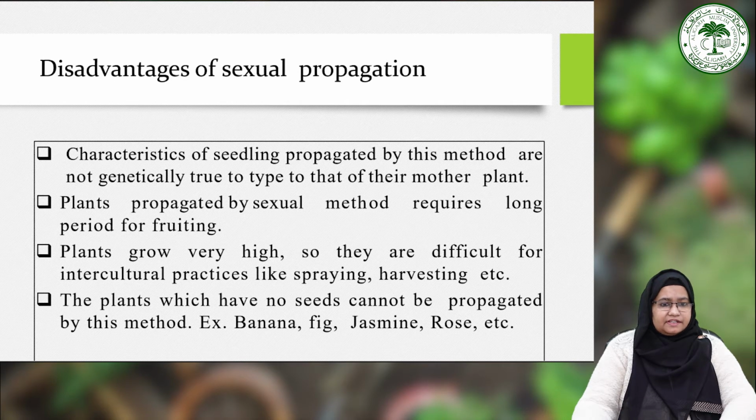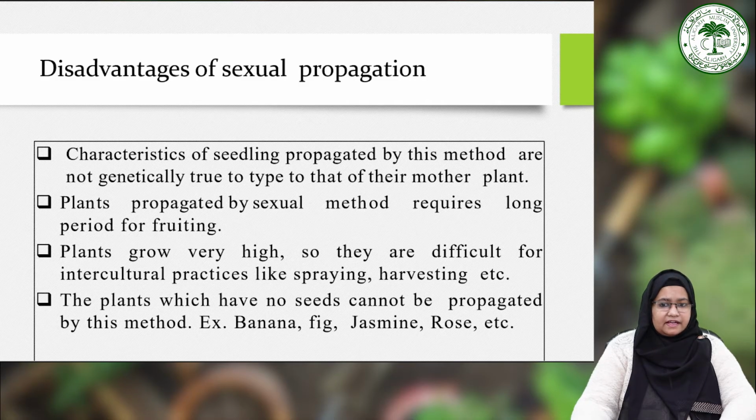There are also some disadvantages of sexual propagation, like the characteristics of seedlings propagated by these methods are not genetically true to type to that of their mother plants. Plants propagated by the sexual method require a long period for fruiting.